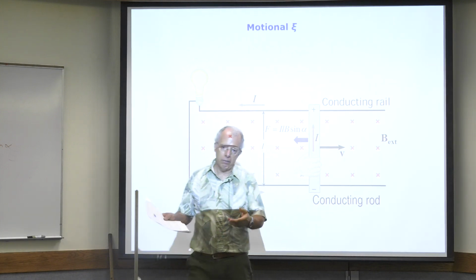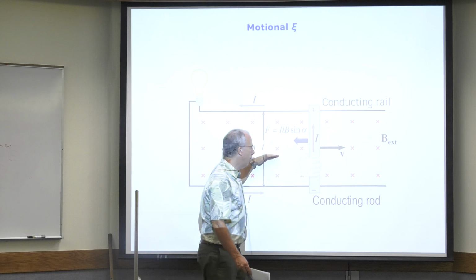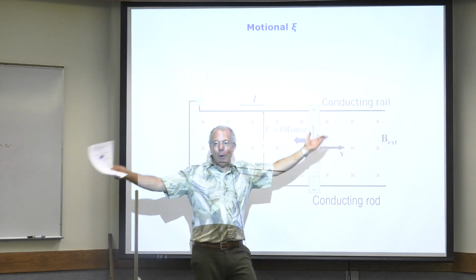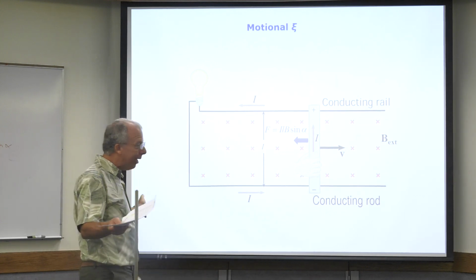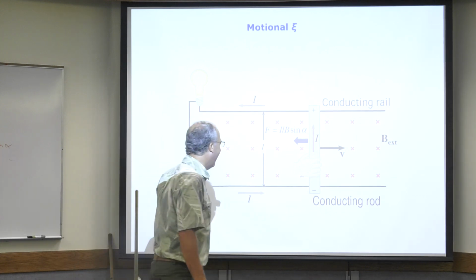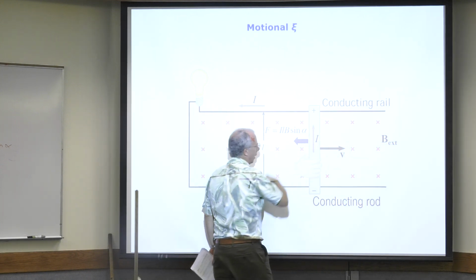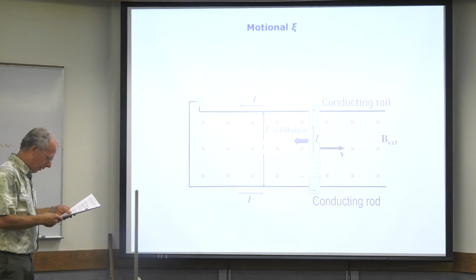Then I would have invented a perpetual motion machine, right? In other words, if I start moving it to the right, and there's a magnetic force to the right, it just keeps on going. I can just let go and it just keeps on going, perpetual motion. Doesn't happen, energy is conserved, sorry. So I've got to keep pushing it because the force is to the left. So bummer, no free lunch.